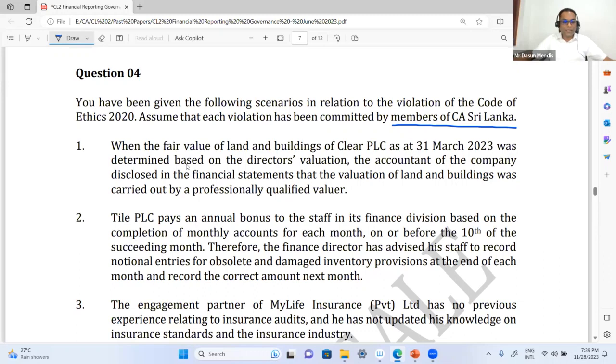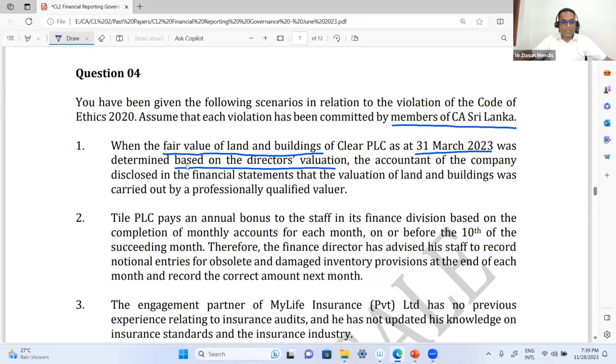First scenario: the fair value of land and building of Clear PLC as at 31st March 2023 was determined based on the director's valuation. The year end is 31st March 2023.